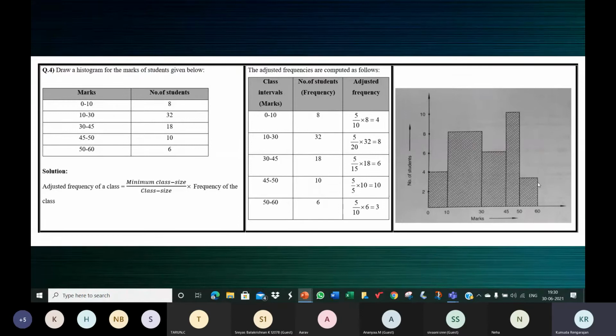Please proceed like this. So to make a histogram, the class intervals have to be continuous. That is one thing. And if the class size is not uniform, then you need to find the adjusted frequencies.